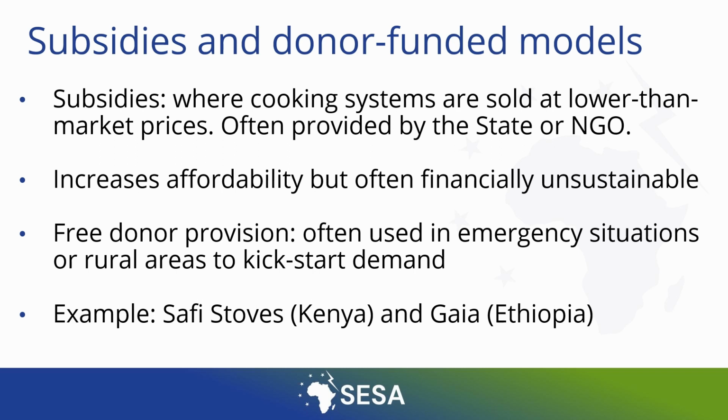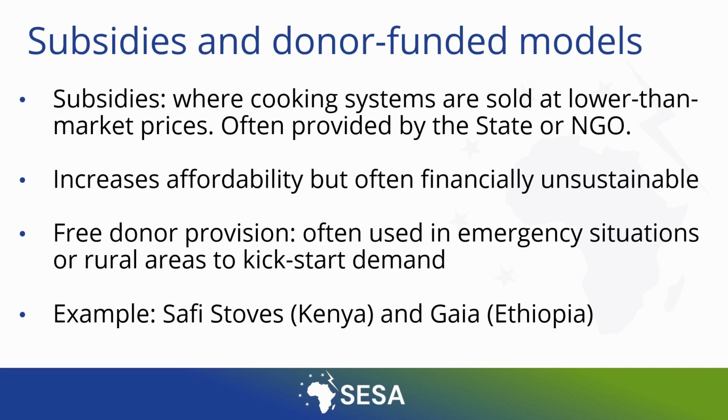Typically, the state would provide an incentive or tax break or subsidy where the private companies provide the clean cooking solutions. And this encourages the private sector to invest in the technologies and the solutions, but also runs the risk of picking winners, which can also be financially unsustainable.